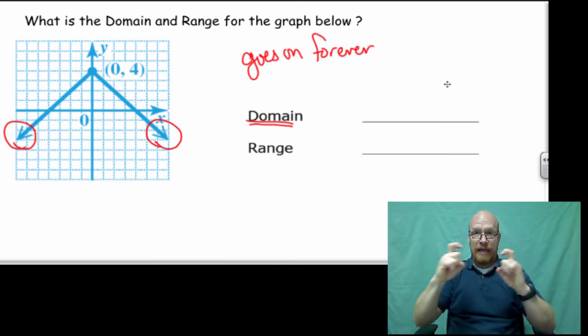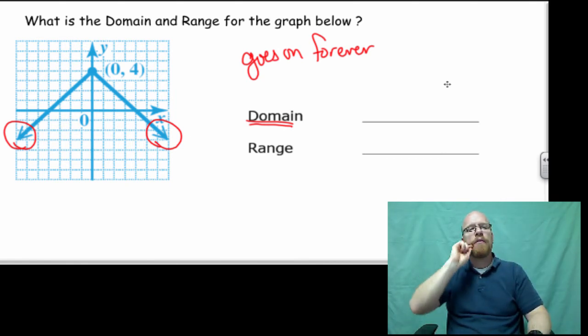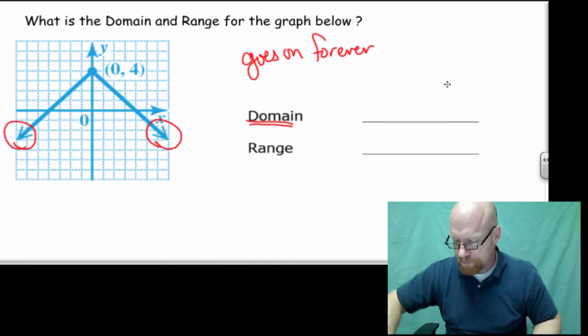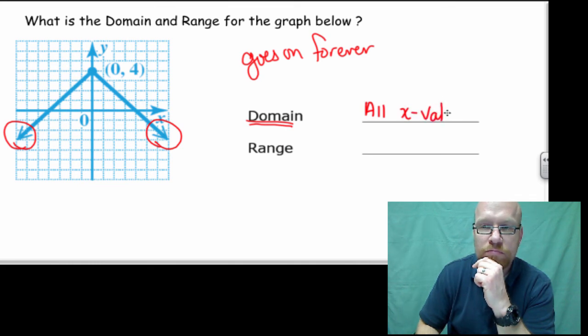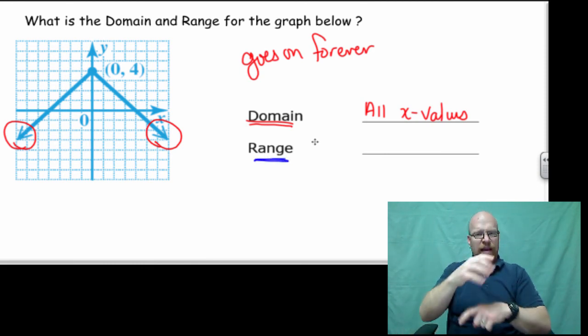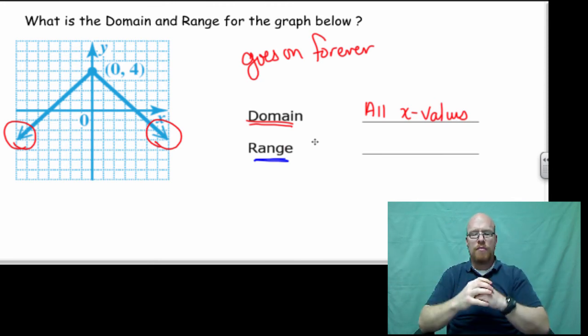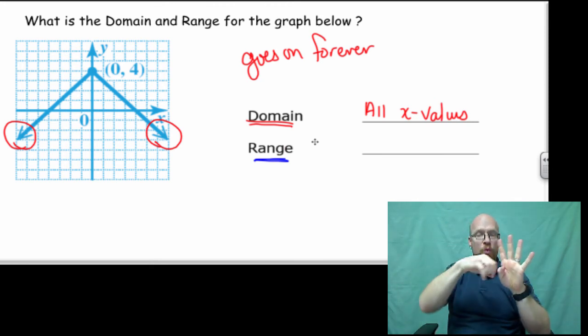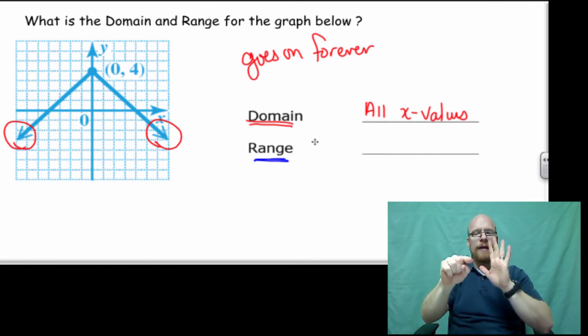That means all x values will be included in this graph. Now our range. There is a maximum you can see, 0, 4. So it goes up to y equals 4. It's included in the graph, and then it goes downward from there to negative infinity.